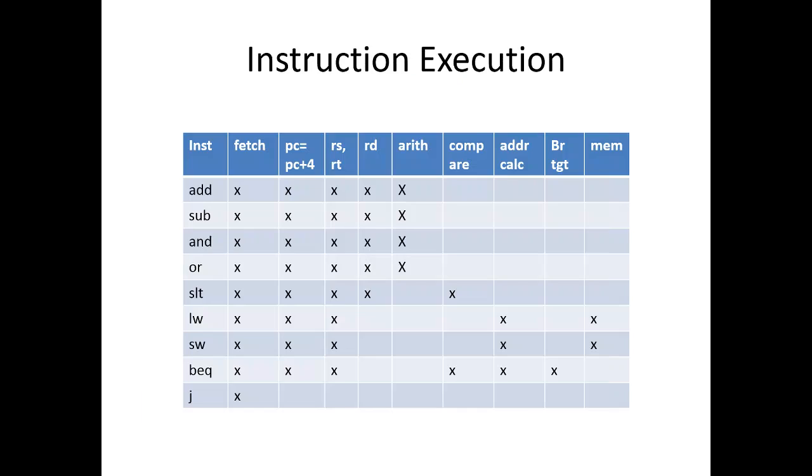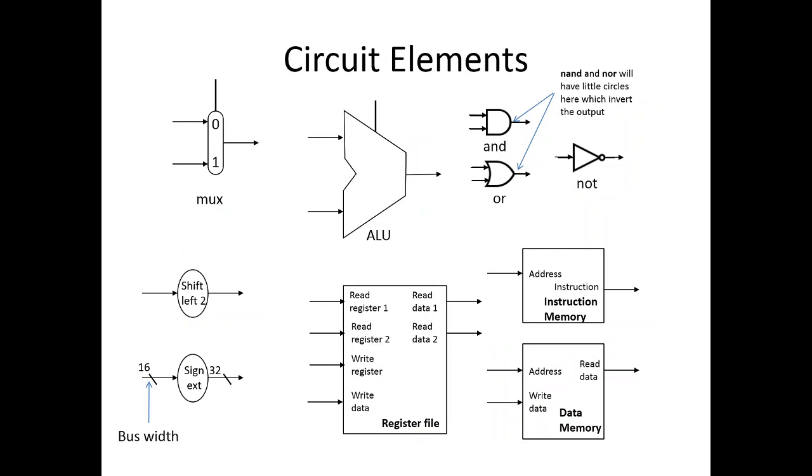Appendix B and Chapter 4 explain what each of these parts are. We have multiplexers, arithmetic logic units, and or gates, and a NOT gate, which is just an inversion of whatever you put in. So 1 comes out 0, 0 comes out 1.